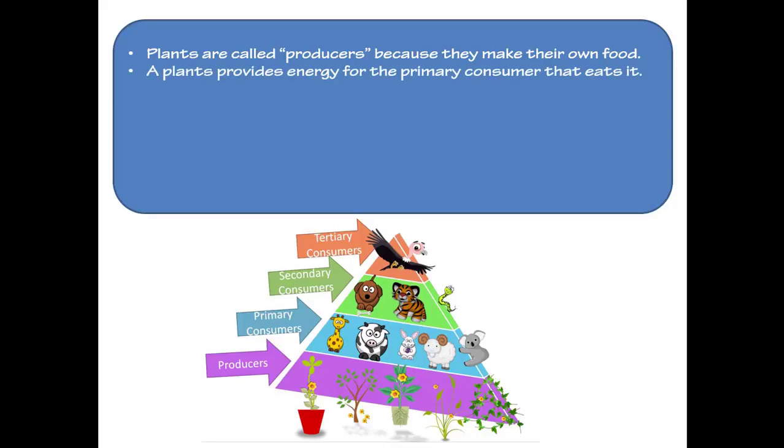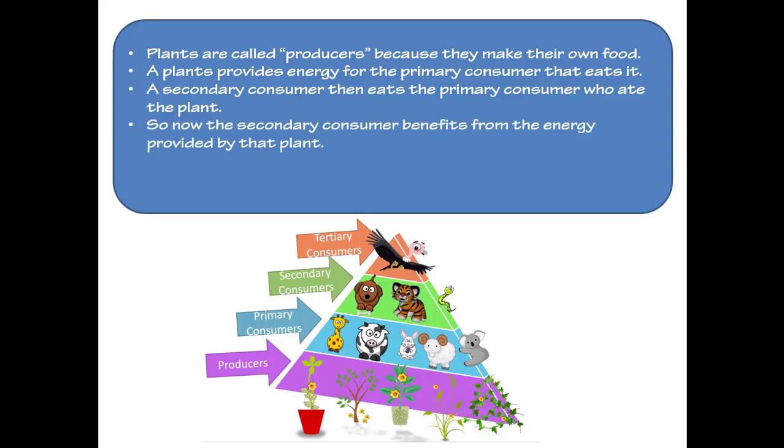A plant provides energy for the primary consumer that eats it. A secondary consumer then eats the primary consumer who ate the plant. So now the secondary consumer benefits from the energy provided by that same plant. That secondary consumer can then be consumed by a tertiary consumer, and so on.